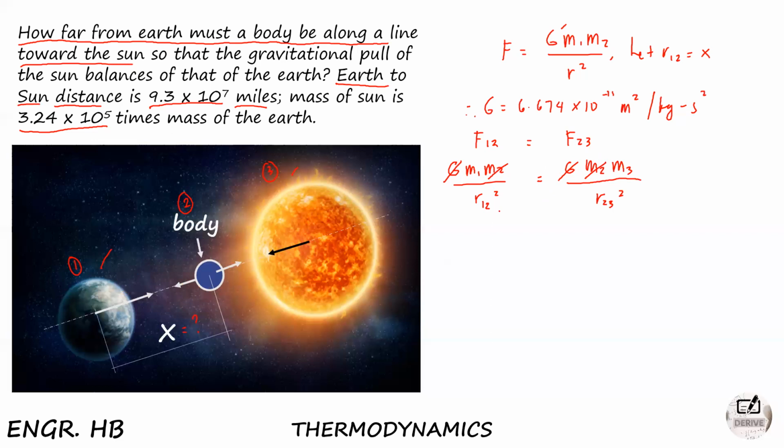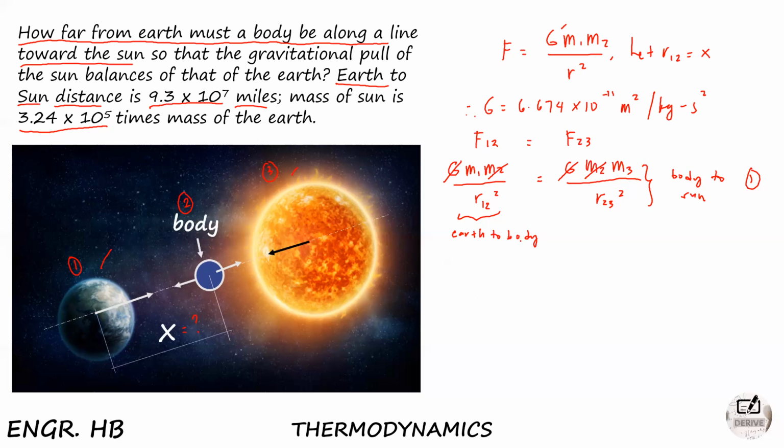So, M1 over R squared is equal to M1 over R squared again. So, this is from Earth to body, and this is body to Sun. Okay, so that was our equation 1. And our equation 2, may isa pang given na condition.